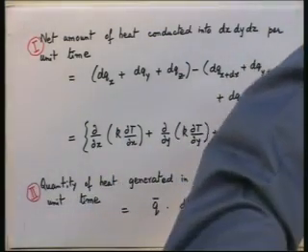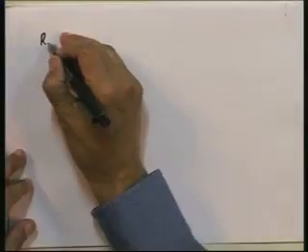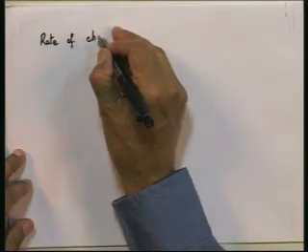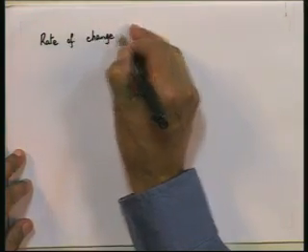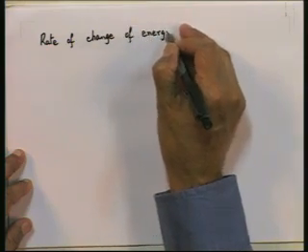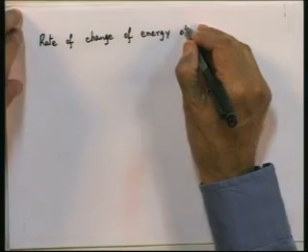Now, all this is leading up, of course, to applying the first law for a closed system. The third quantity we are interested in is the rate of change of energy of the element.